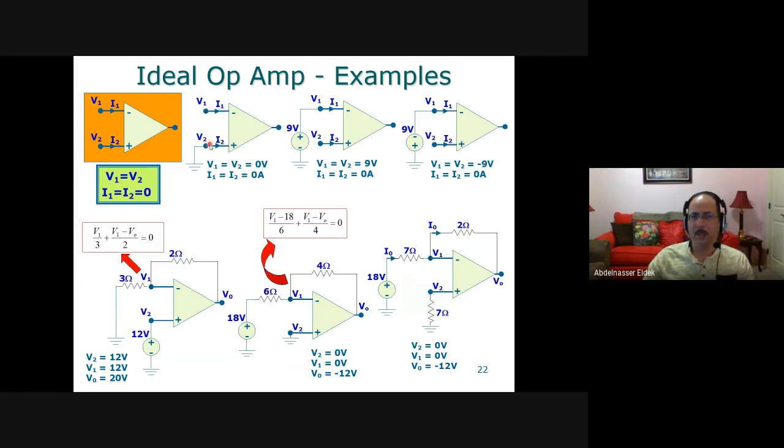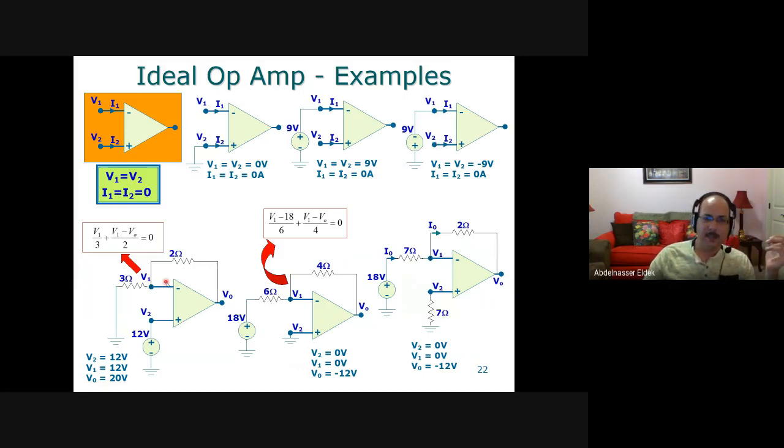For the second one here, again, I1 and I2 are 0, and V1 equals V2. V1 is connected to 9 volts, so V1 equals 9. The same here, V2 will be 9 volts. If you look at this example here, I1 equals 0 and I2 equals 0. V1 and V2 are the same. V1 is negative 9 because this is a negative, then V2 is negative 9 also.